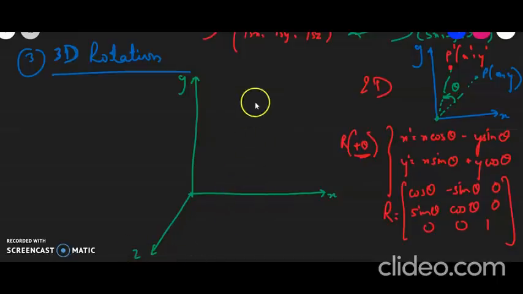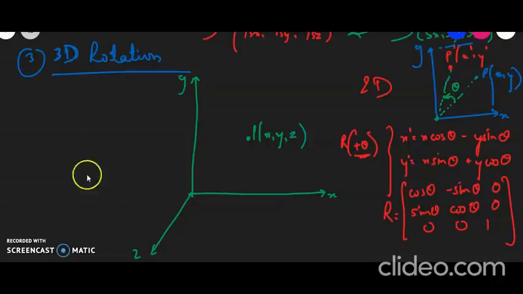Now, please remember that any point is represented using X, Y, Z. Do also try to understand that when I am having two dimensions, I have got a single plane here, and that is my XY plane. So my point remains on this plane only.